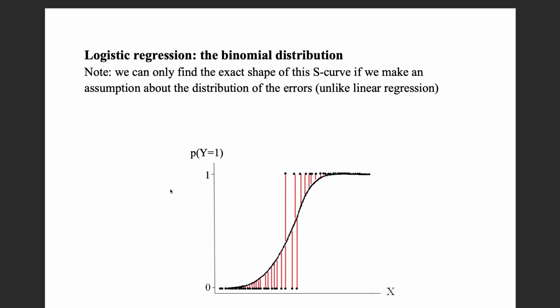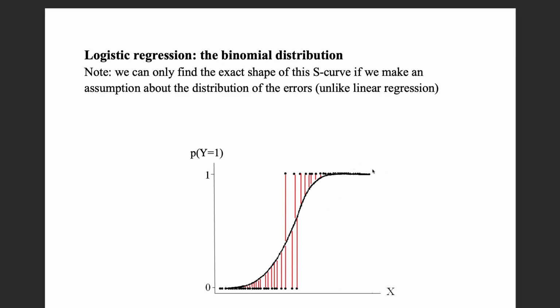We only have 0 and 1 observations, and we somehow need to use those to come up with the correct S-curve. If we just have zeros and ones, there is an infinite number of possible S-curves that we could draw running through these observations. This is one possible S-curve, but we could have drawn a much steeper S-curve that runs something like this, or a much flatter S-curve that runs something like this.